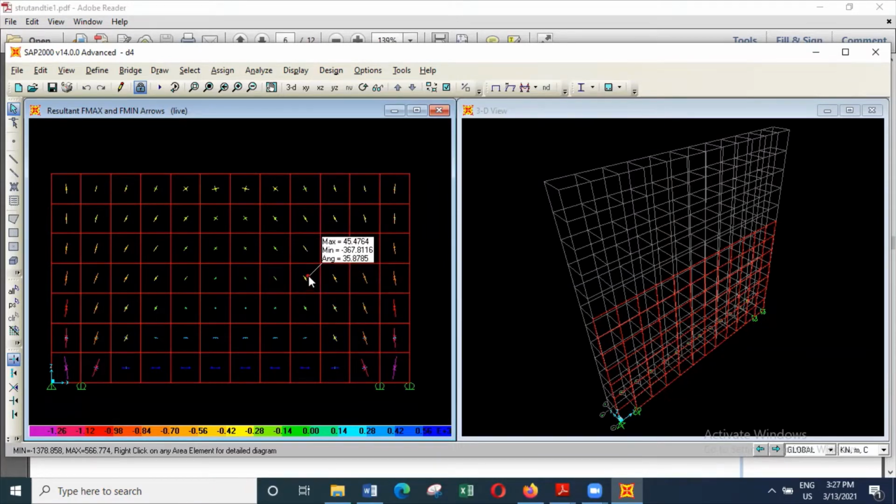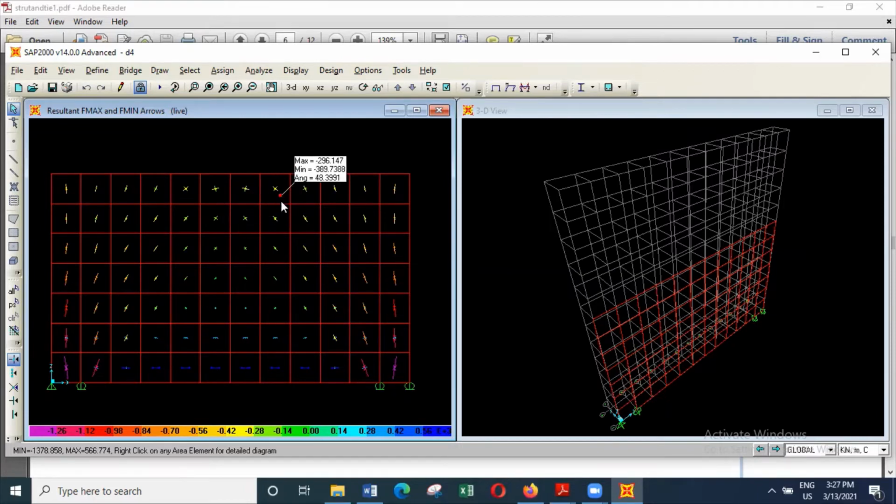And if you look at the values also, you can see the minimum is minus 367 at an angle of 35.87 degrees, and here the minimum is minus 486 at an angle of 28.129, and then in these areas you will find that part of the load will be compression in a vertical direction, close to vertical direction.